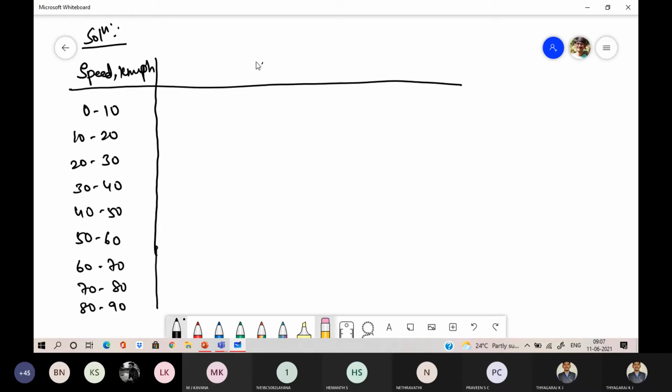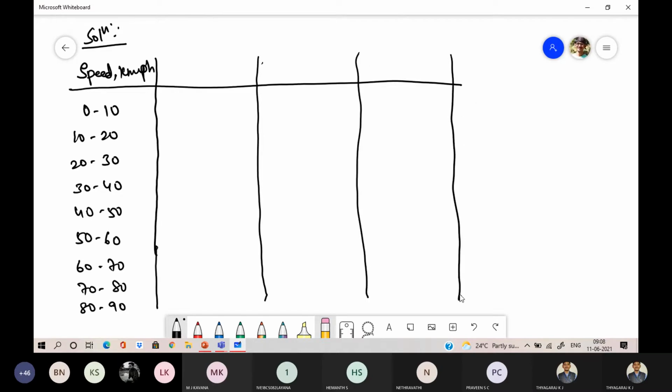Now we have to make 4 columns. Now the mean speed we have to write. How are you going to calculate the mean speed? Any idea? So simple. 0 plus 10 divided by 2, so 5 will be the mean speed.